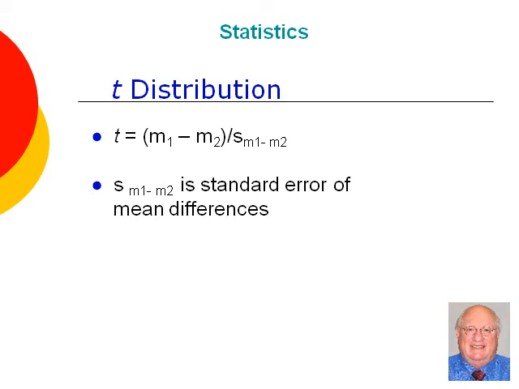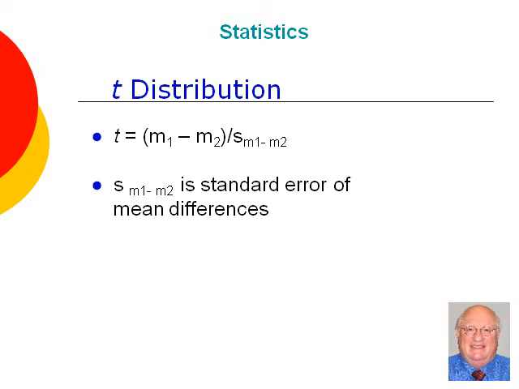So after an infinite number of samplings, we would have a distribution of mean difference scores. The standard deviation of this distribution is called the standard error of mean differences, which is the average distance the difference between sample means can vary from the population mean difference score.